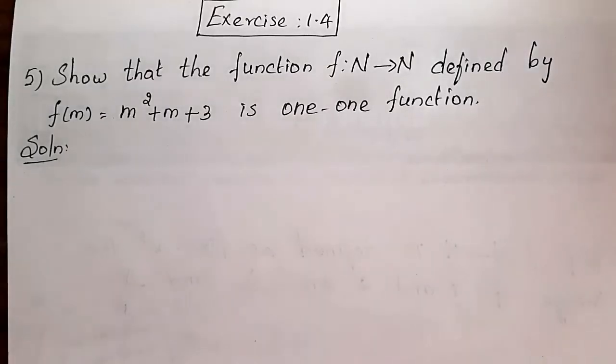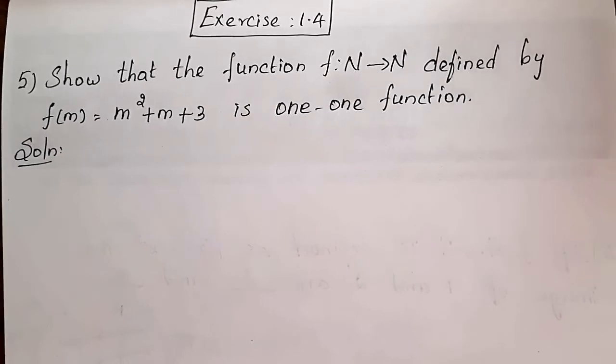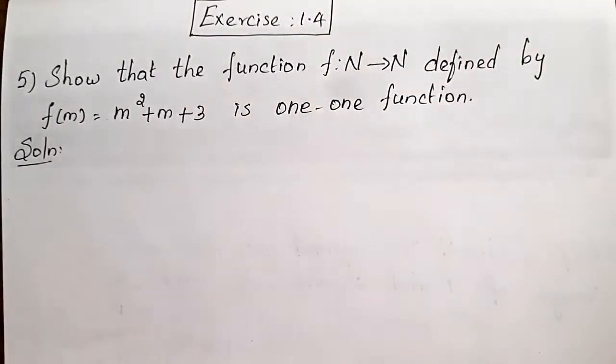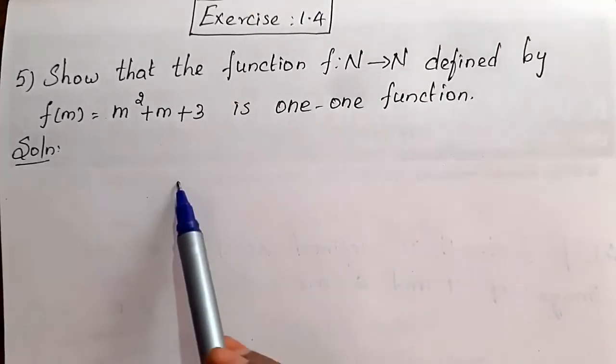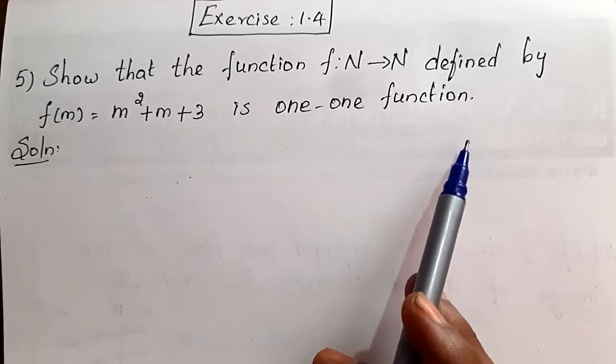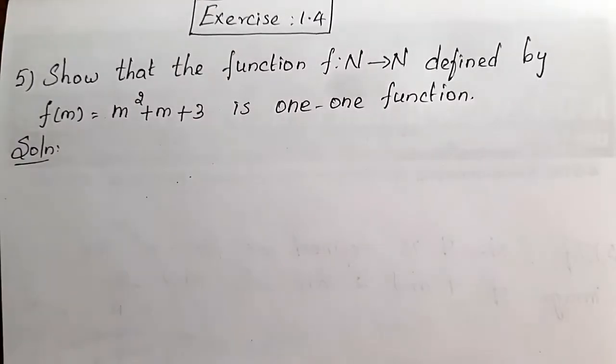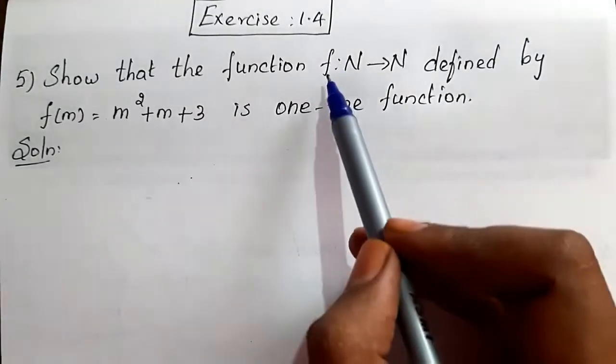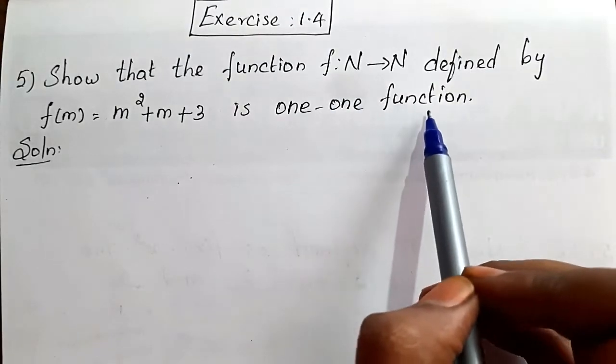Next question. Exercise 1.4, fifth question. Show that the function f from N to N defined by f of m equal to m square plus m plus 3 is a 1-1 function. So we have to prove it is a 1-1 function. That's enough. They didn't ask about onto function. Just we have to find out whether this function f from N to N is a 1-1 function.